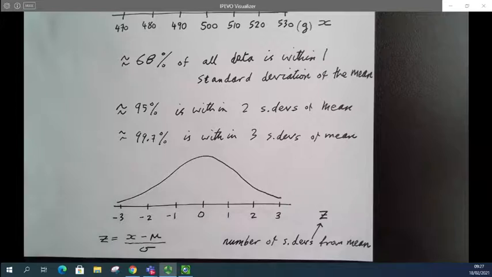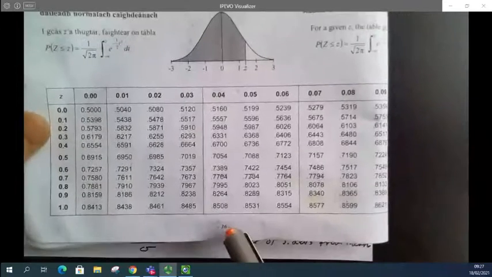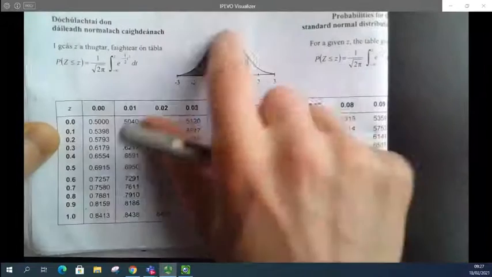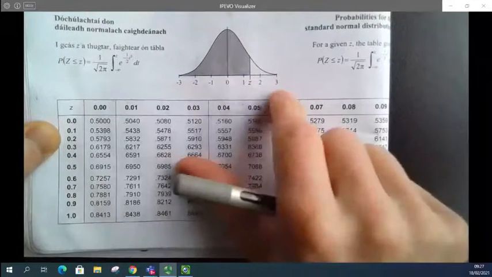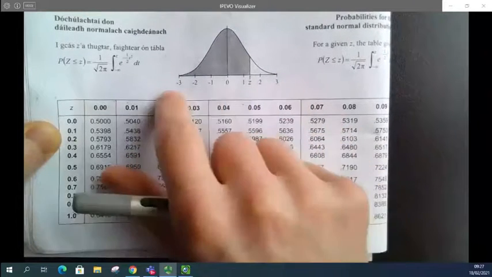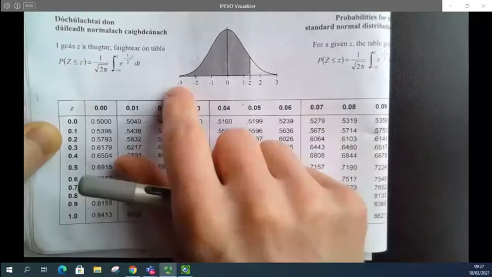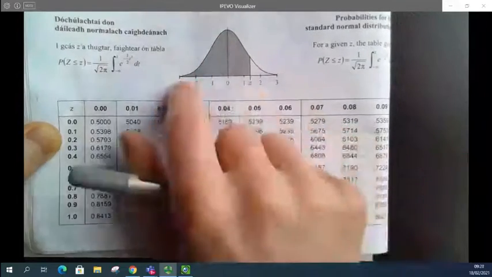And the next thing then is to show you pages 36 and 37 of the formula book, because it shows us our normal distribution, and it shows us the z-scores from -3 to +3. Now remember, z measures how many standard deviations you are away from the mean. There's no point in going more than 3 in either direction, because 99.7% of the data is within 3.